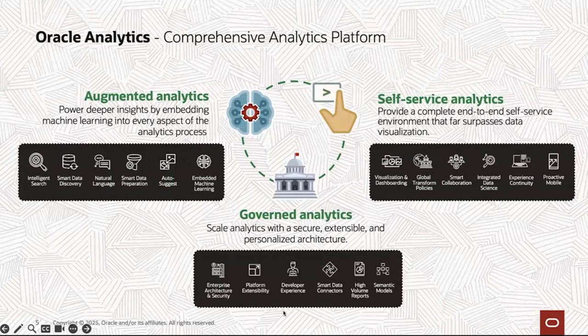That's going to provide you with a complete end-to-end service environment for things like data visualization, workbook creation, and collaboration. You can also look at the augmented analytics side of things. OAC has a lot of built-in AI capabilities like auto insights and natural language queries. And you can take advantage of the enterprise architecture and security features of Oracle Analytics Cloud, allowing you to scale and extend out to an enterprise level as part of the governed analytics.